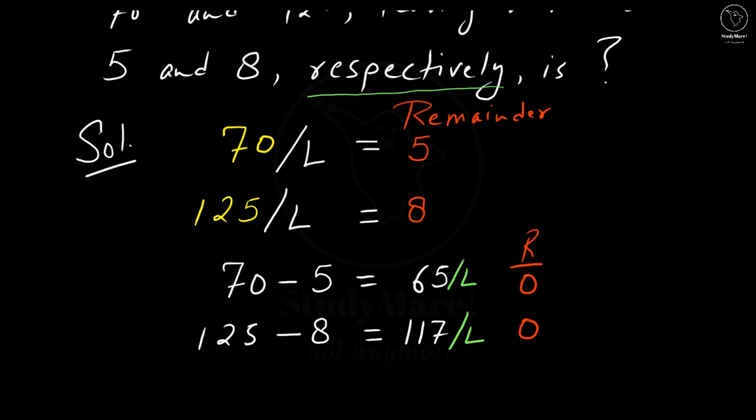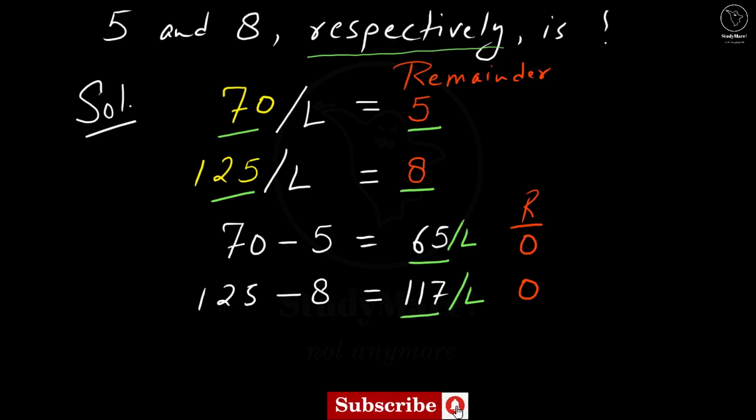It was easy, just try to understand. A single number is dividing two different numbers, and in both cases we are getting different remainders, that is 5 in the first case, 8 in the second case. So what is that number which divides perfectly, that means leaving the remainder 0? Simply subtract. So we get 65, we get 117.